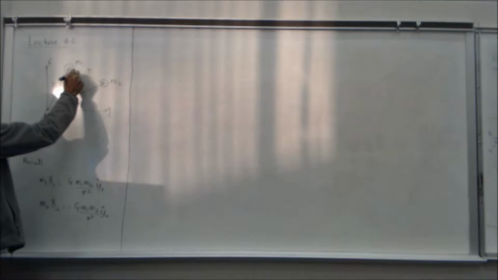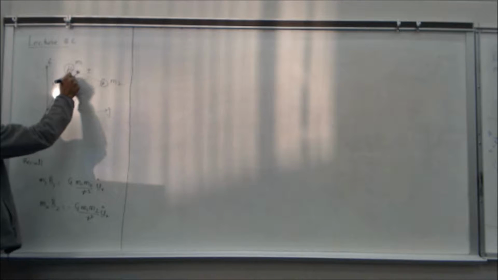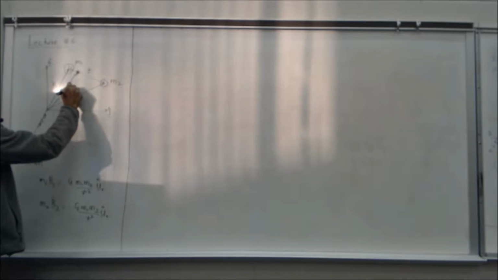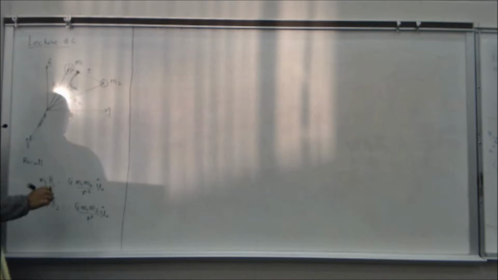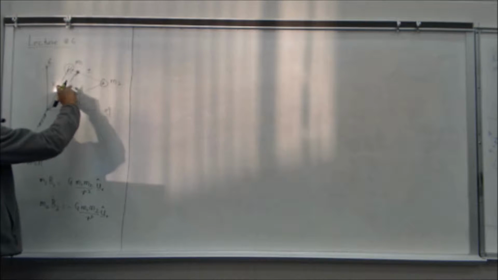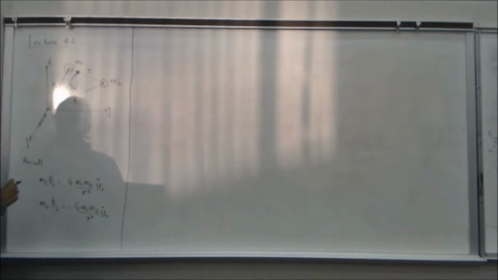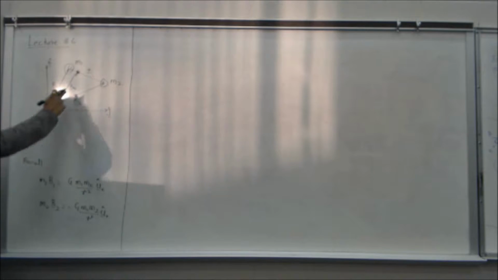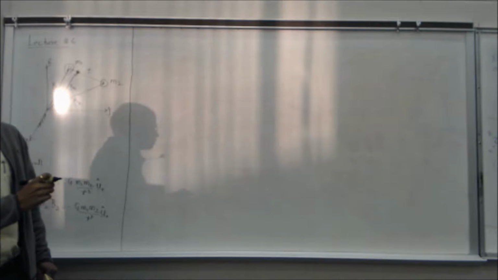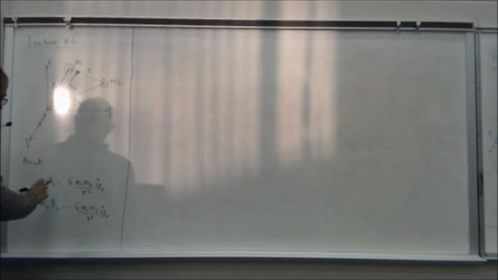So this was RCG, right? That's what RG is. So this is center of gravity or center of mass. And we proved that RG is a non-accelerating point or inertial point. Okay?